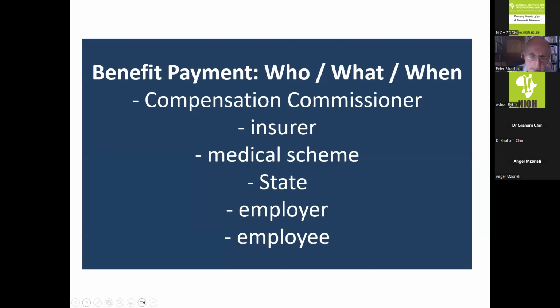Let's look briefly at those. They're subjects in themselves, but I want to alert you to them so that you understand what you can do for your patient and what a patient can do for themselves, and how an employer could help an employee with post-COVID injuries and mental diseases. Okay, next slide.